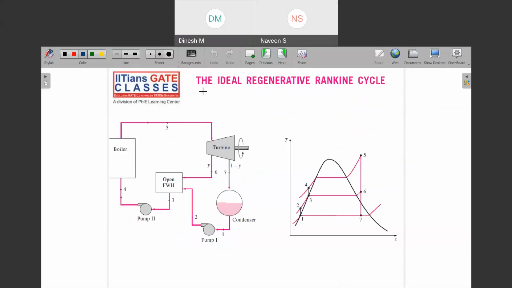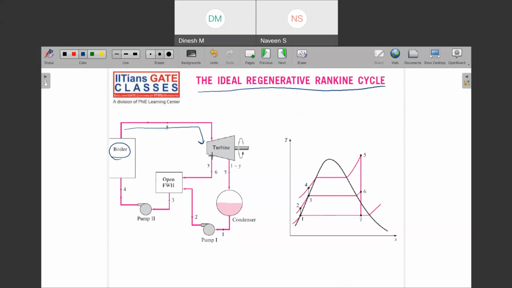Next is the regenerative Rankine cycle. Likewise, we have seen regeneration in the turbines case, right? So here also we have regeneration. What we would do in this regeneration is start from the boiler, and then go into the turbine.